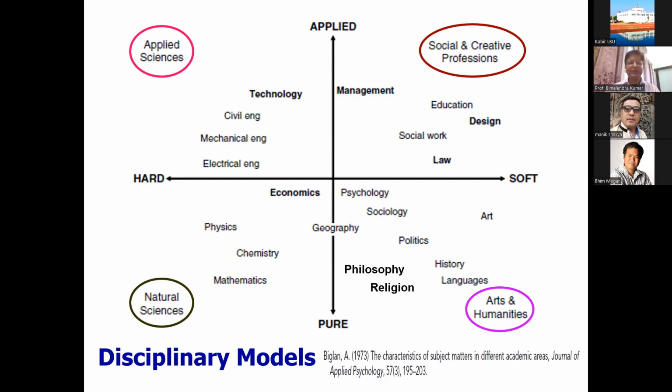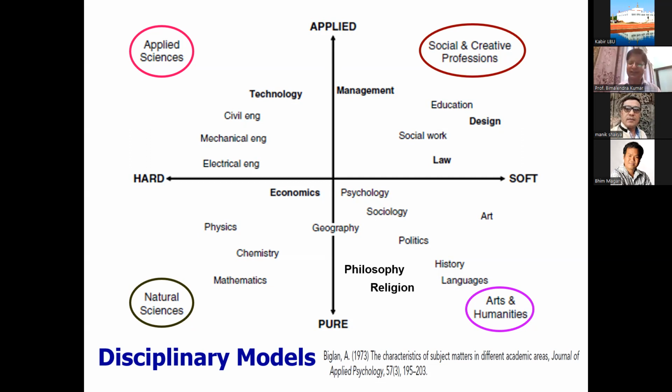For the sake of understanding, we can see how research is done. Mainly there are two types of research, pure research and applied research. Pure research is mainly based upon arts and humanities, mathematics, and technology. And arts and humanities and the social sciences subjects are also applied in our day-to-day life.